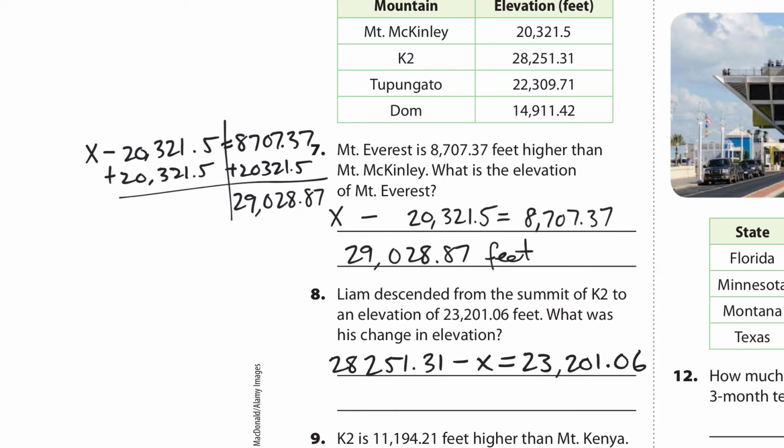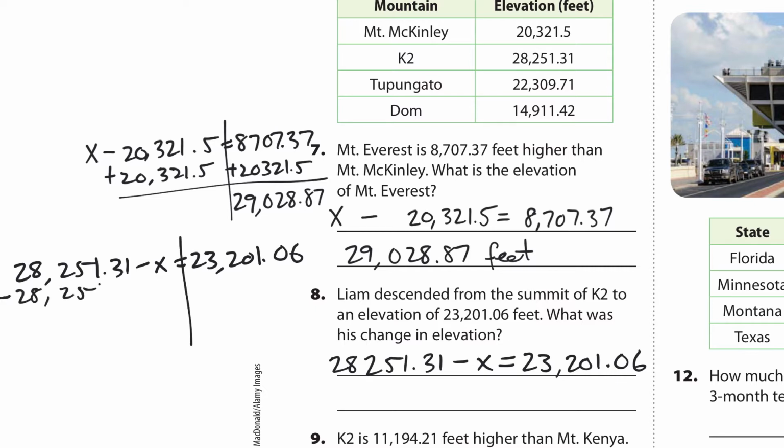Now we have to solve that equation. We have 28,251.31 minus x is equal to 23,201.06. Okay, so we need to subtract 28,251.31 from both sides.